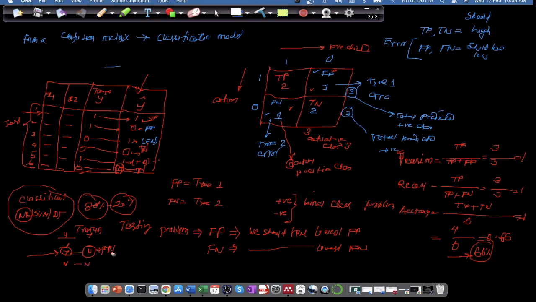In this case, this false negative will be more. False negative is equal to 1 here, and true negative is, say, 0. So if false negative is 1, then the type 2 error is more. If false negative is more, then type 2 error is more.